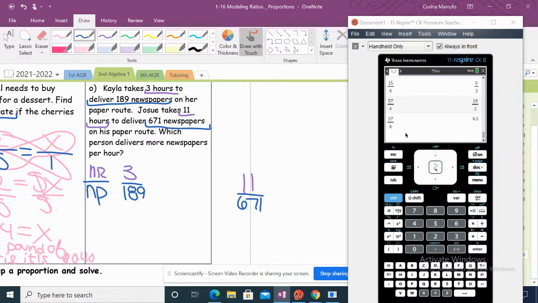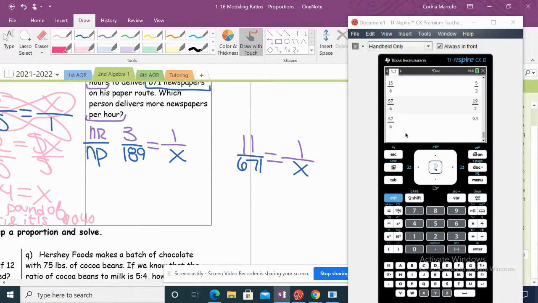So we're gonna see who delivers more newspapers faster, and it says here per hour. So we're looking for the hour, we're looking for 1 hour. How many newspapers can they deliver? Let's see for Josue. How many newspapers can you deliver in 1 hour? So here we are looking for an X. Alright, so let's see.